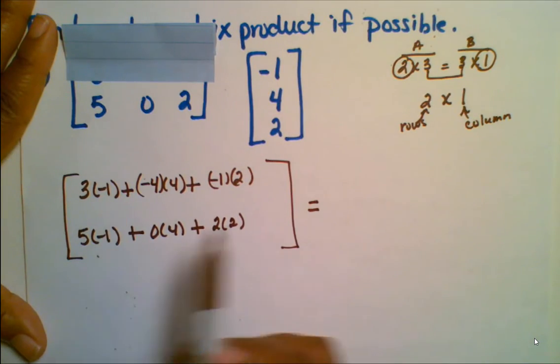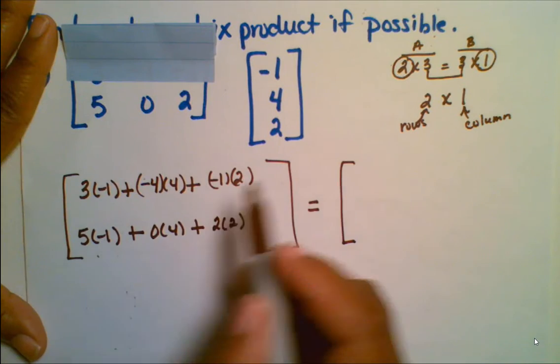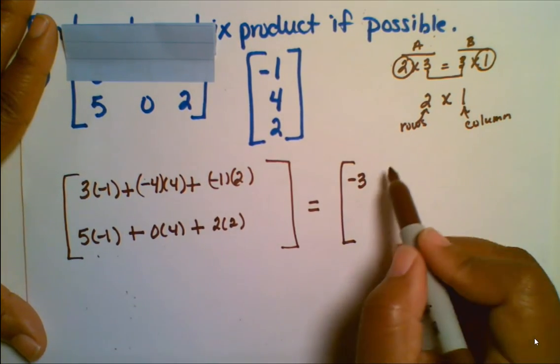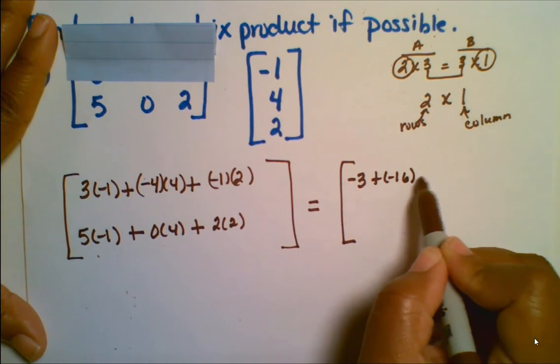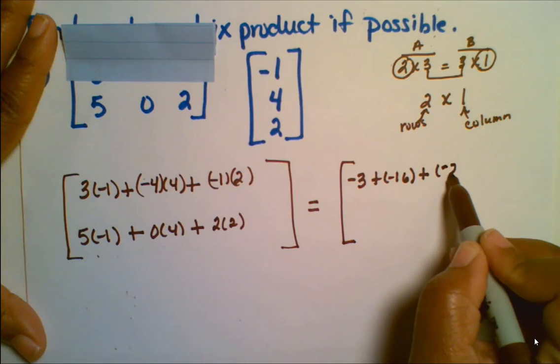So here we have 3 times -1, that's -3, plus -4 times 4, that is -16, plus -1 times 2, that is -2.